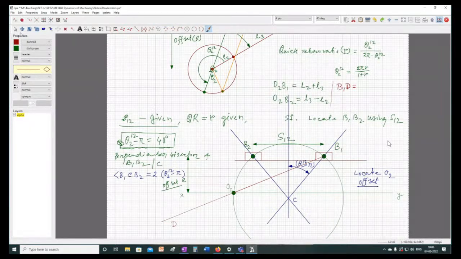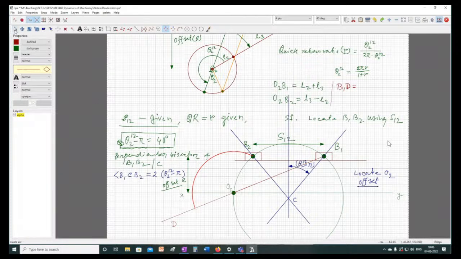This D point we have chosen such that it lies on the arc. Let us draw the circle, or I can draw the arc only, from the intersection point starting from this P2 to this.